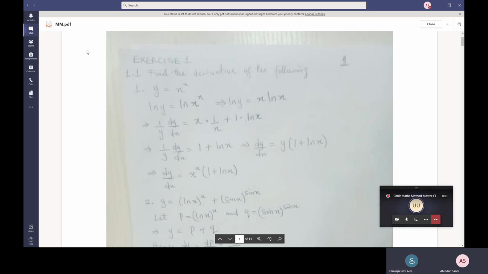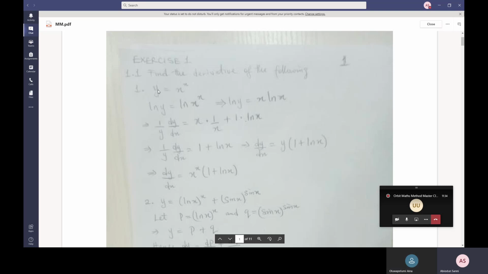Though you are going to use it, but not ideally. They won't give you a problem whereby you just use the product rule directly, it won't be so direct.